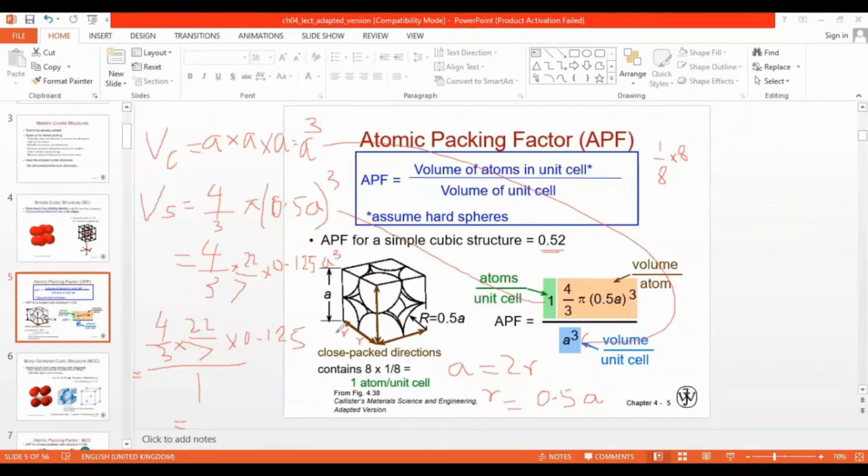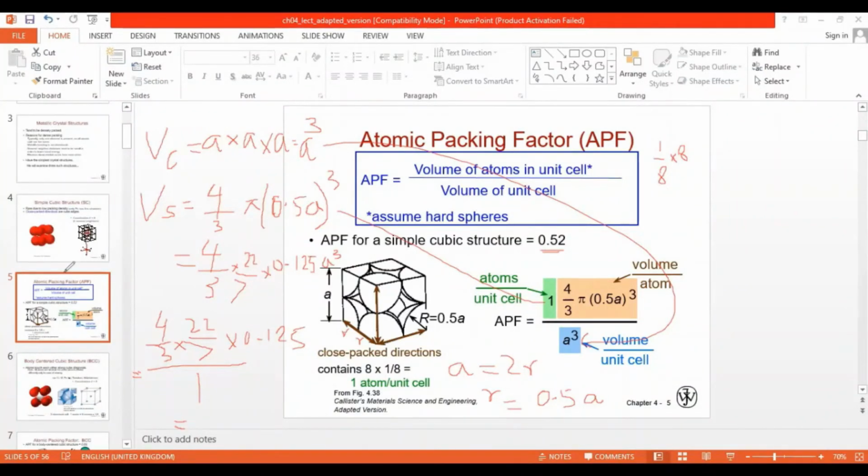If you substitute, you will have 0.52. So in the simple cubic structure, the ratio of atoms to void space is 0.52. Only 52% of the volume is filled with atoms, while the remaining 48% is empty.